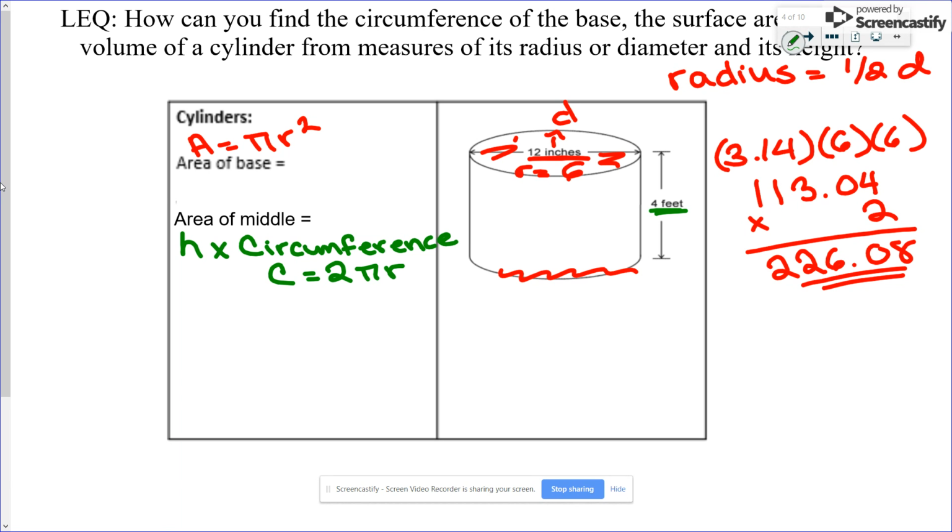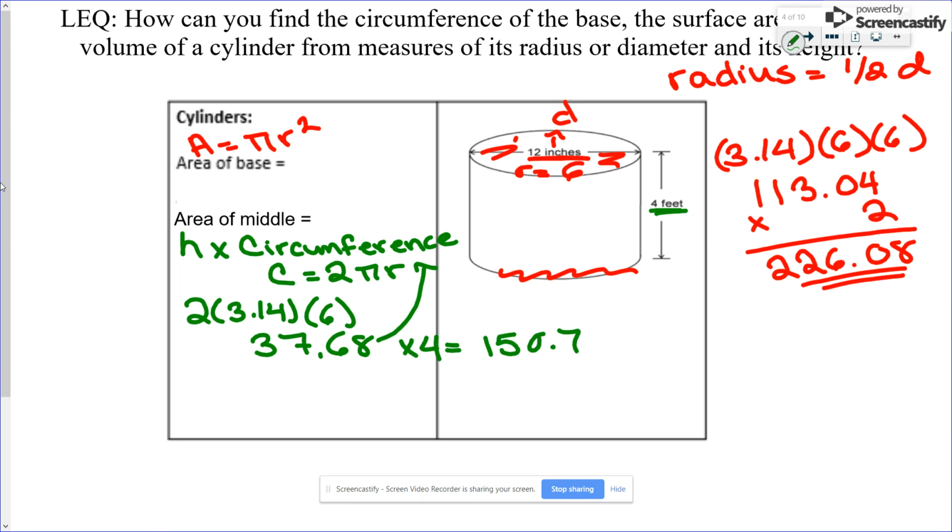So I'm going to take 2 times pi times 6. And I will get 37.68. I know my circumference now, and I can times it by my height. So I'm going to take this and times by 4, and I will get 150.72.